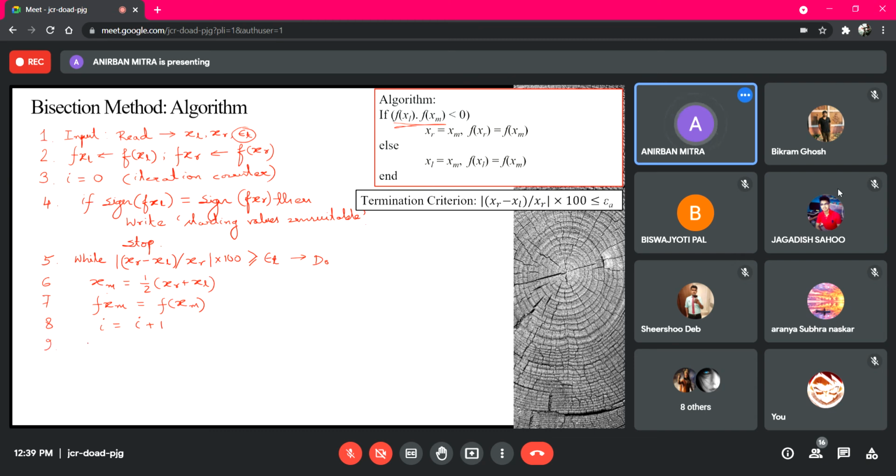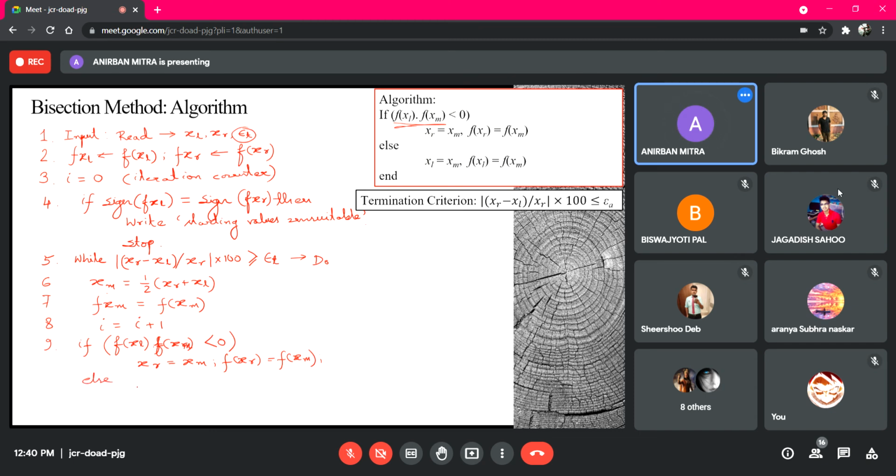And in the next step, you have to consider this. If f of XL times f of XM is less than 0, then XR is equal to XM, f of XR is equal to f of XM.